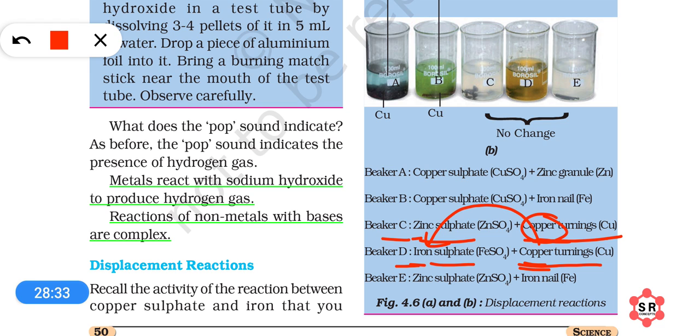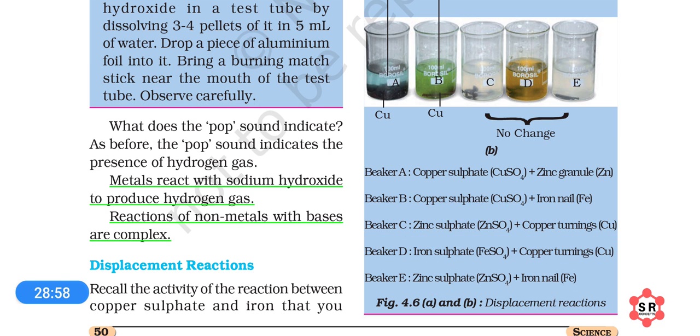Again in beaker E, we will take zinc sulfate and an iron nail. We will see that zinc is more reactive than iron.